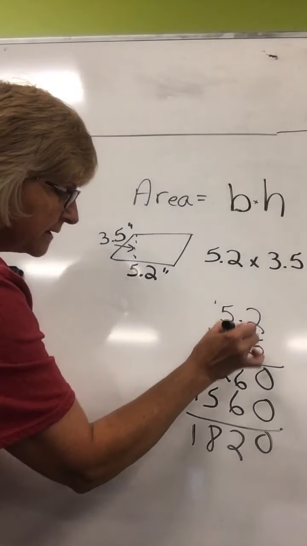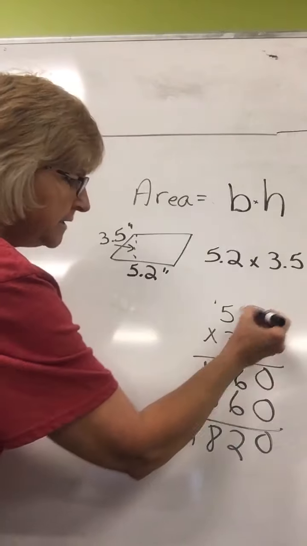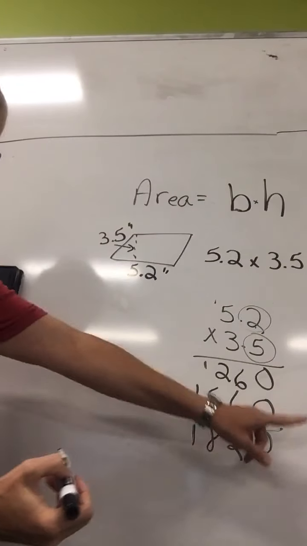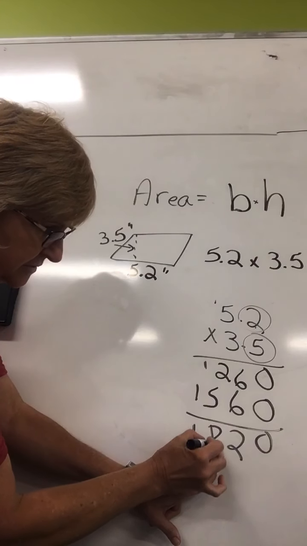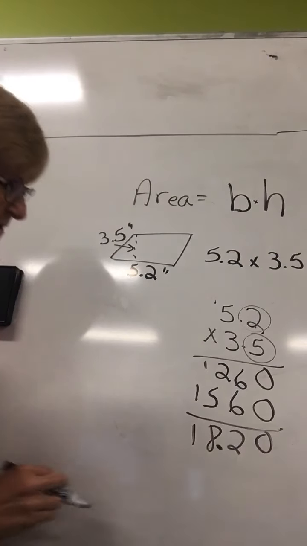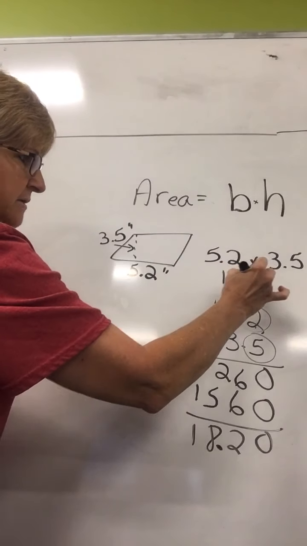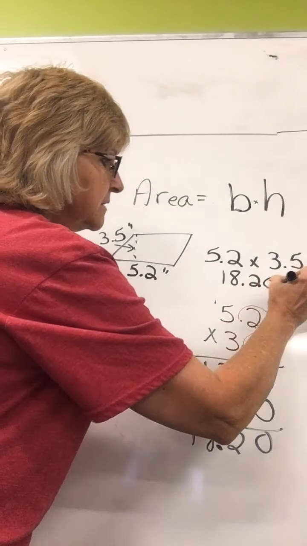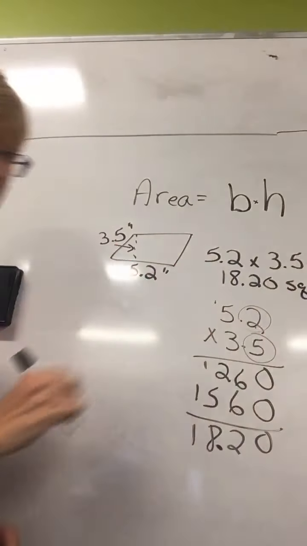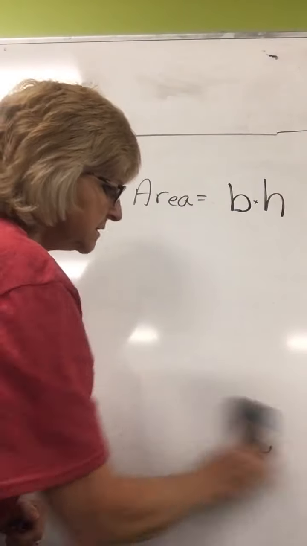Now I go back and I count my decimal places. 1 here means I need 2 in the answer. So 1, 2, there's my 2 places. So this is actually 18.20 or 18.2, same thing, square inches. So it's just multiplying the base times height. This is not a hard skill.